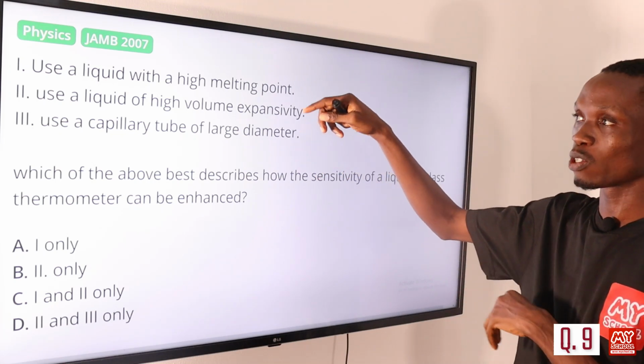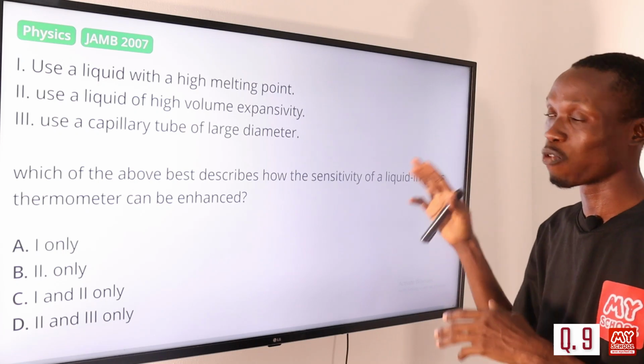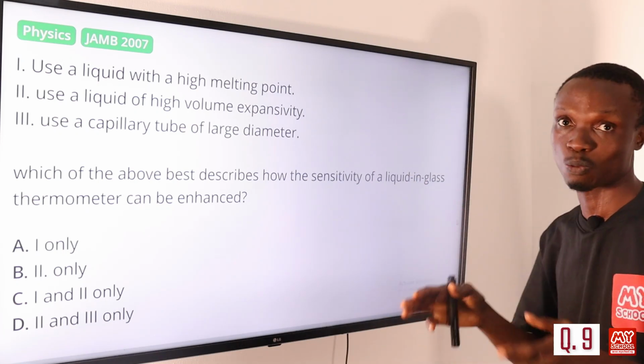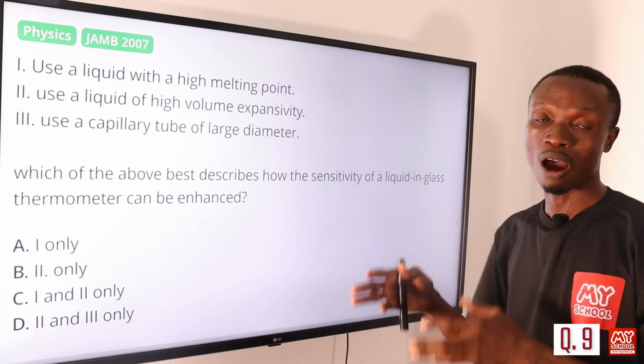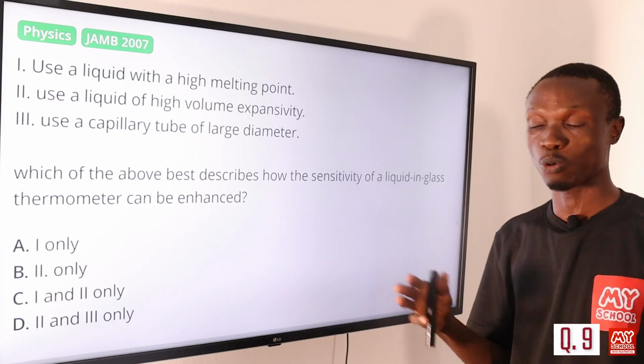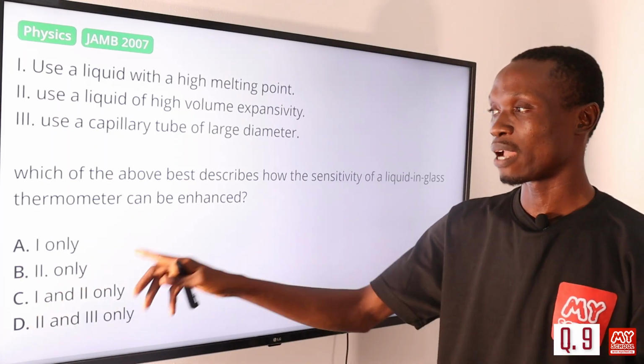So the only valid option here is II, use a liquid of high volume expansivity. This enhances the thermometer's sensitivity by allowing larger expansion or contraction of the liquid in response to temperature change. So that makes option B, II, the answer to this question.